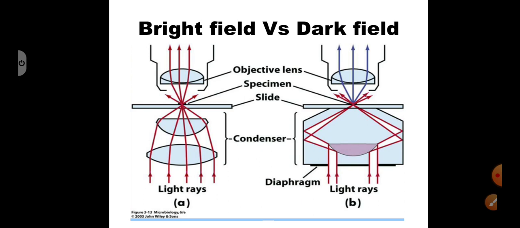Only some light rays are coming and they are obliquely being focused onto the specimen, and you can see the blue colored rays which are reflected by the specimen entering into the objective lens to form a brighter image of the microbe against a dark background. Okay.